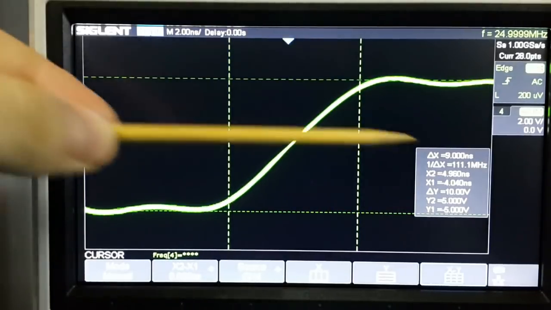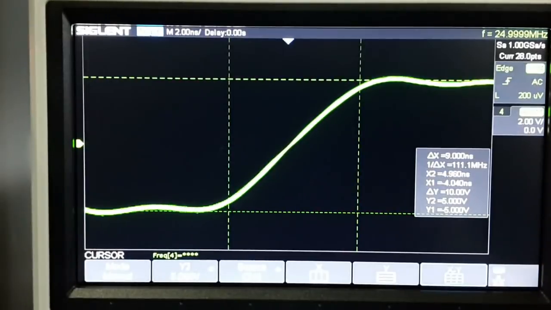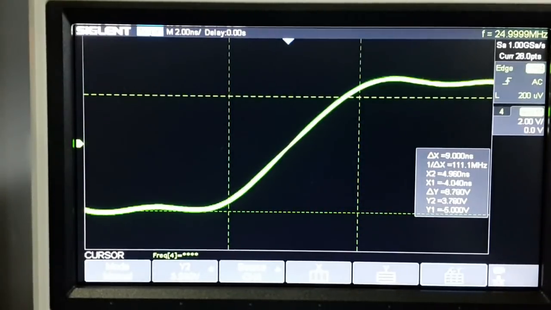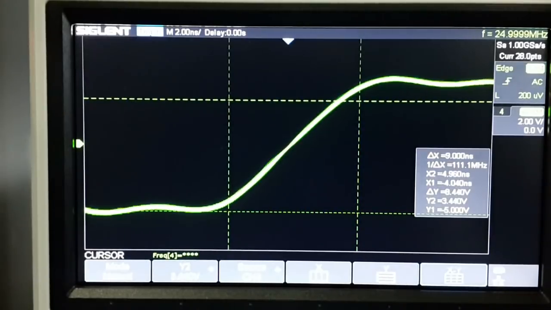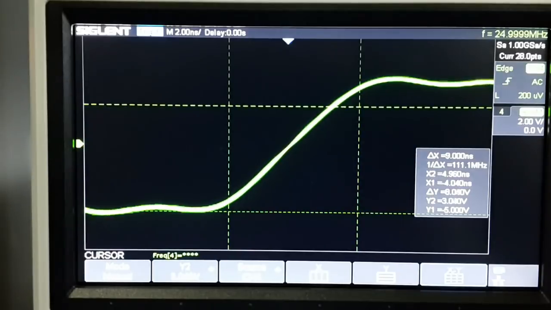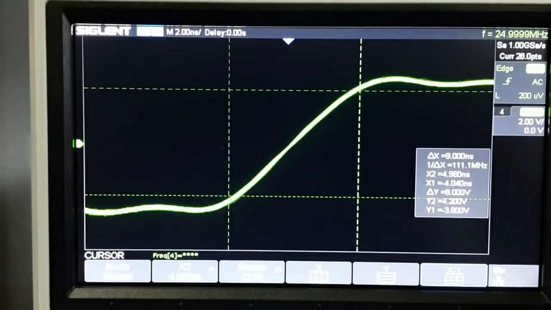Knowing that I'm using 10 volts peak to peak, I'm going to reduce to 8. Now I'm going to chop a little bit of my 9 nanoseconds and I will go to 8.4 or even 8.33, the closest 8.32 or 8.34.